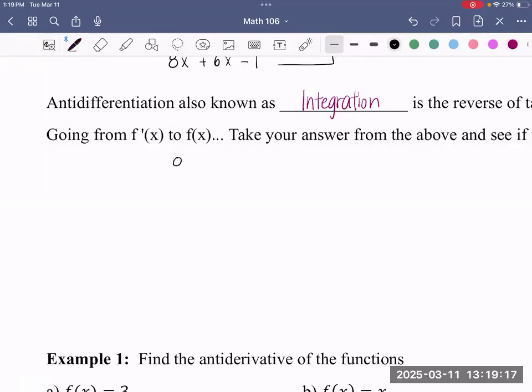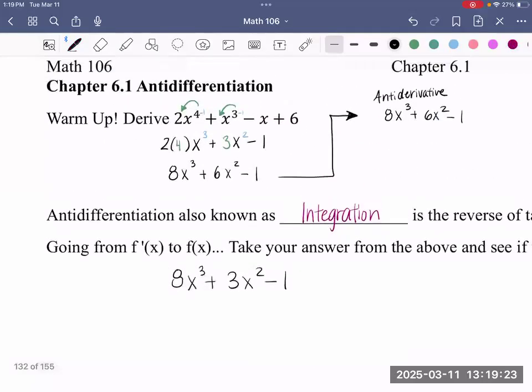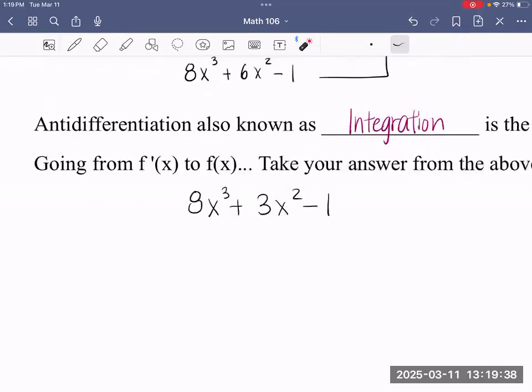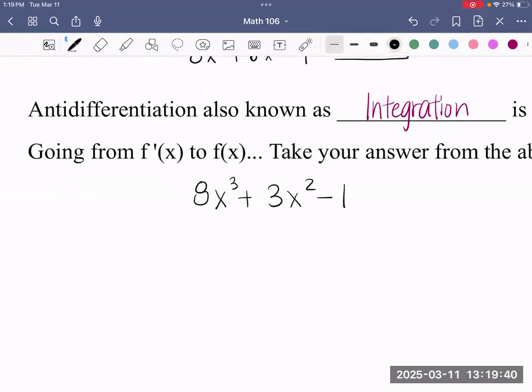So if we have 8x cubed plus 3x squared minus 1. Now, how can we go in reverse? See if you can pause the video and try to figure out how to go from this step to this step. Well, the first thing to do is to add 1 to your exponents.